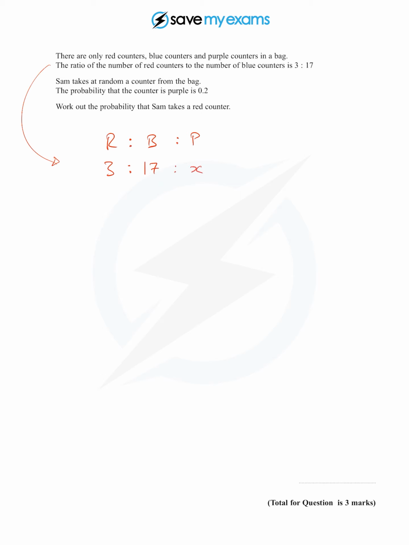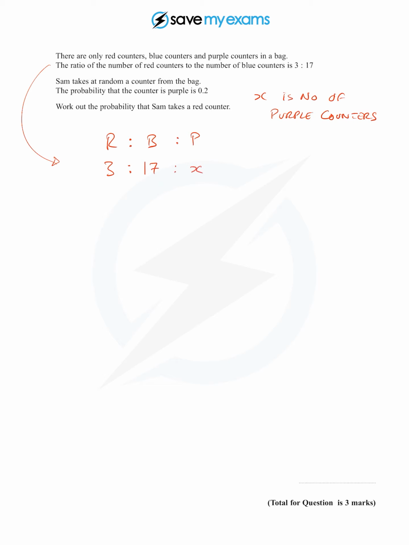So let's write that down somewhere. X is the number of purple counters. Okay, just telling the examiner or whoever happens to be reading this what I'm doing. So if X is the number of purple counters, then we have the ratio now 3 to 17 to X.